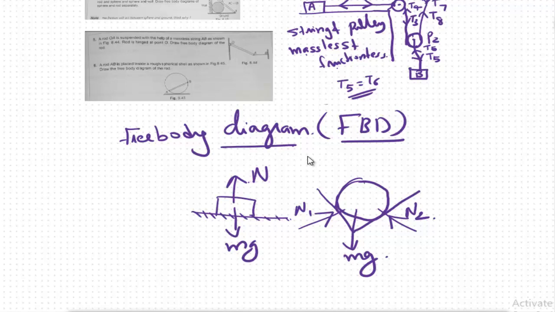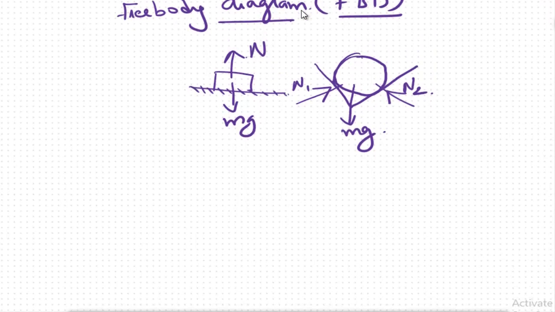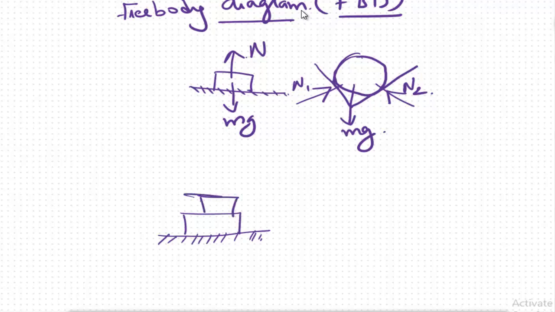Okay, so next I am going to consider this. Here I am taking three objects, three blocks, which I am keeping like this. Here one and here another one, and here on the top another one.